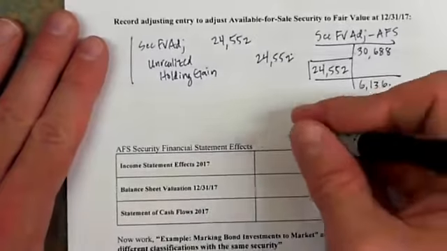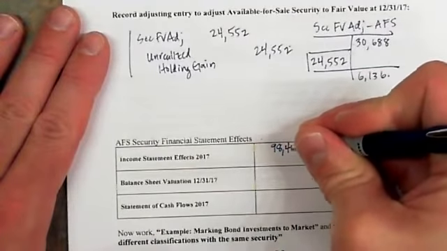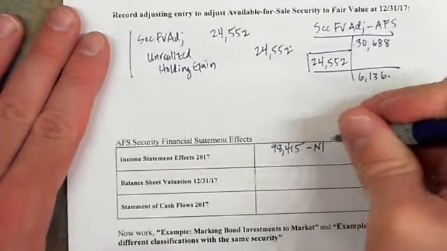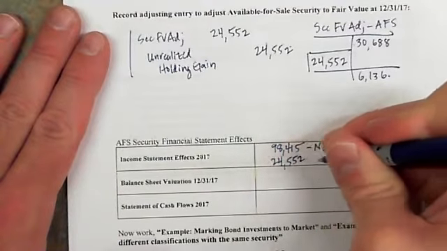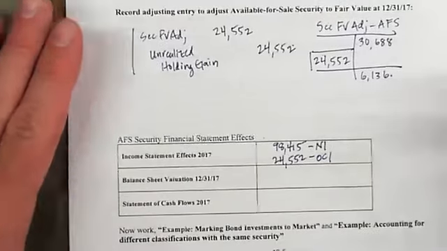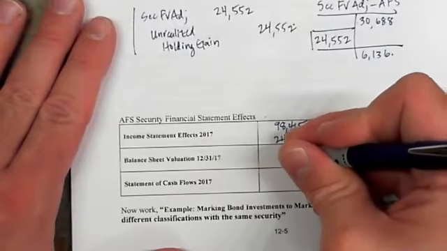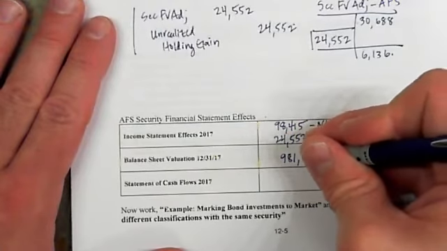The income statement effects would be the amount of interest revenue I recorded. That will go to net income. I would have a $24,552 OCI gain, but those are going to different subtotals. The balance sheet valuation will be what the market value was on that date.